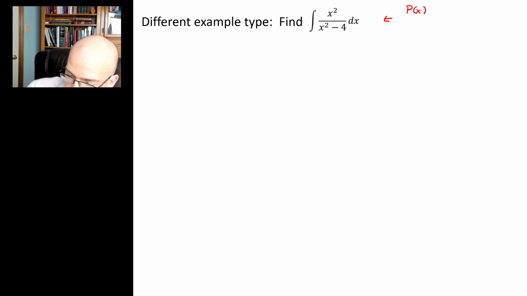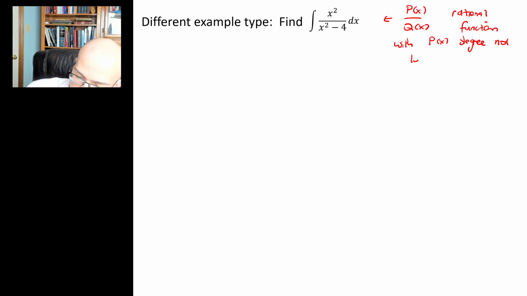So P of x over Q of x, a rational function, with P of x degree not lower than Q of x degree.